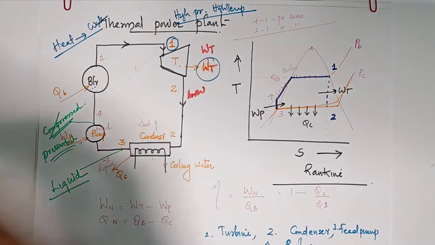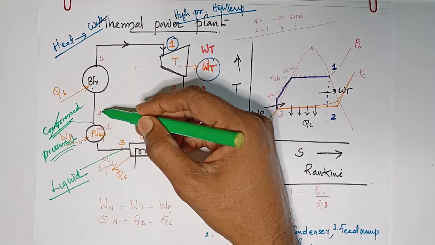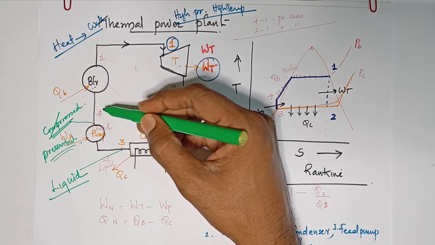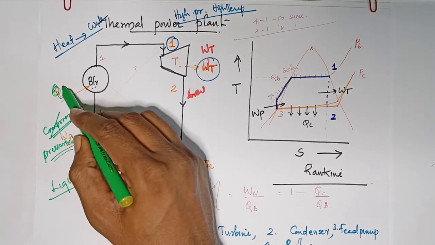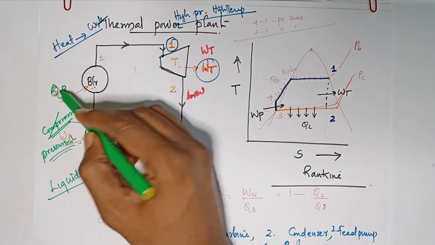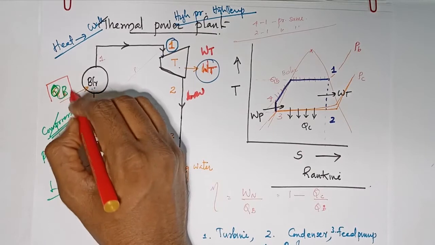There is practically no temperature change. Then again that pressurized water is fed to the boiler. There the heat is added. QB is the heat added to the boiler. QB is the heat we give to the boiler.